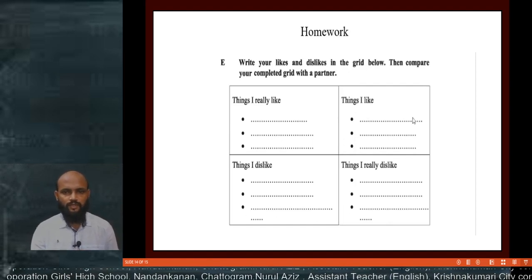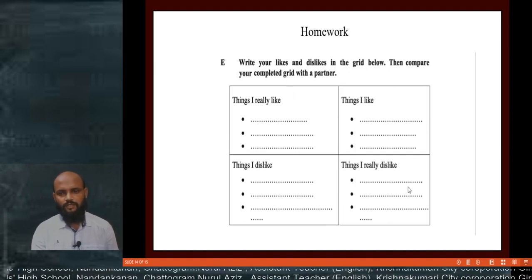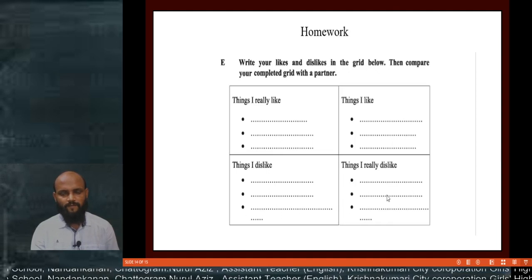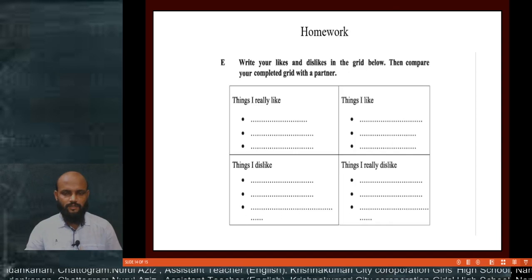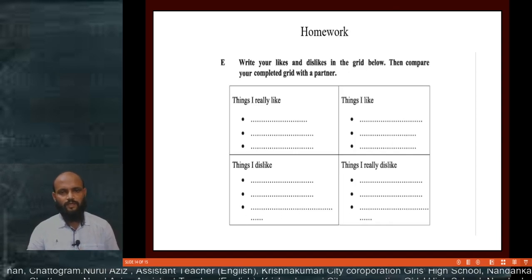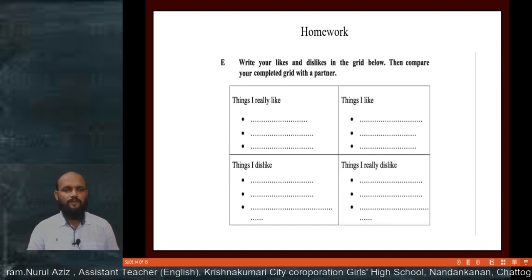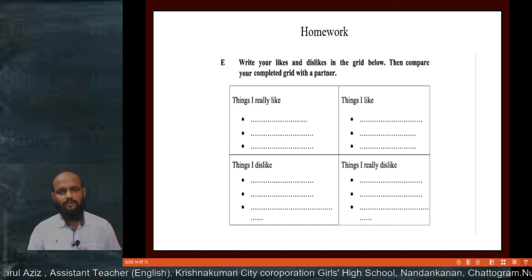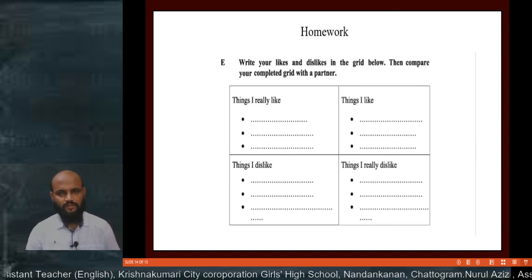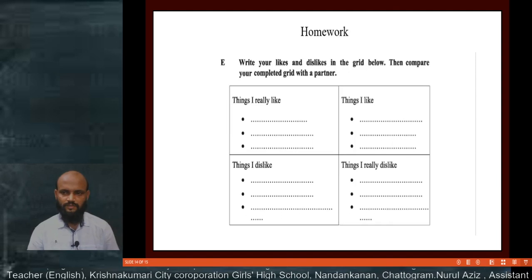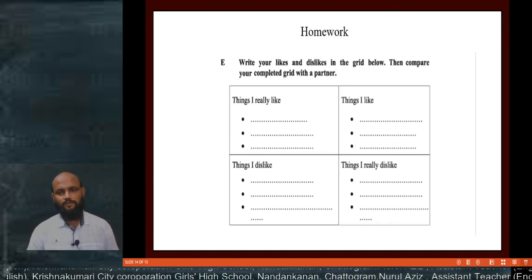So which one you enjoy, which one you love, which one you hate, which one you dislike, you can write down. You have different things in your life that you do not like, you do not love. So you can write it down and compare it with your partner or your friend, your sister or brother at home. This is interesting and this is a homework for you.